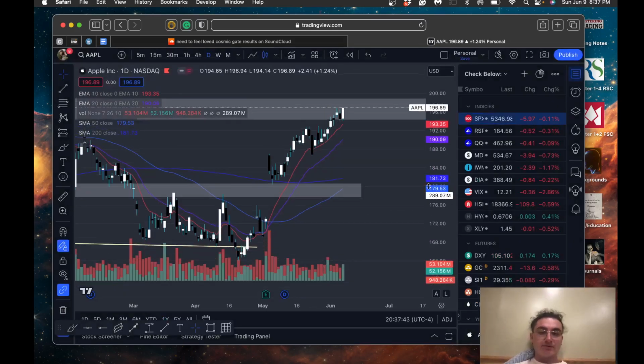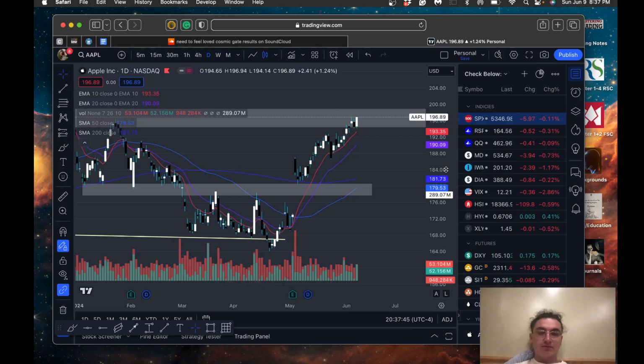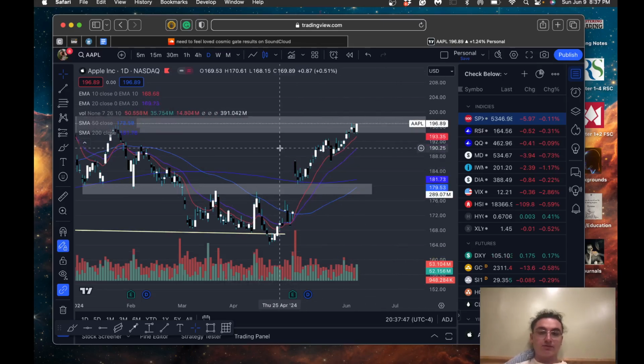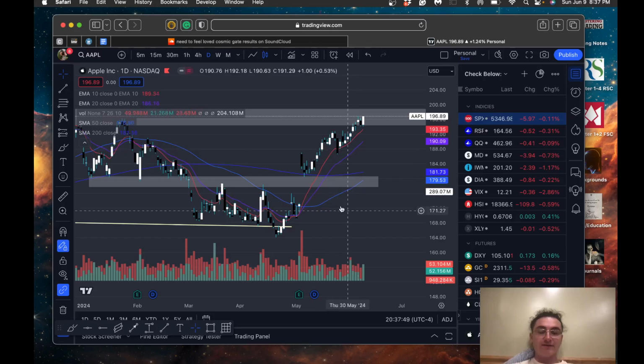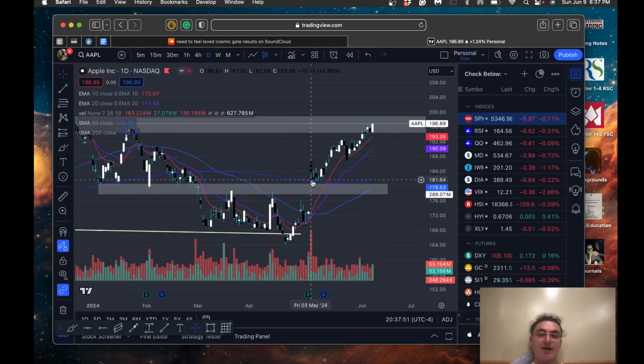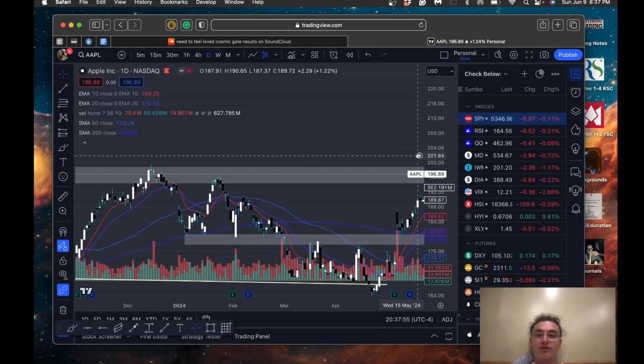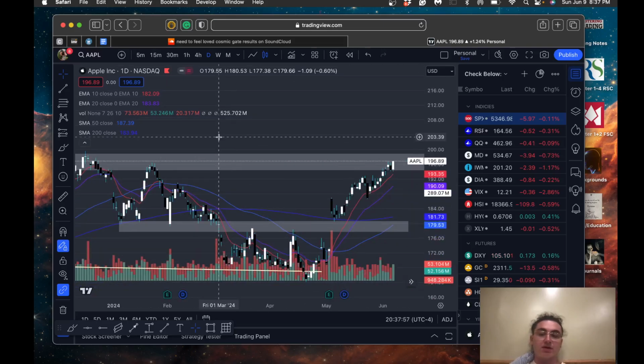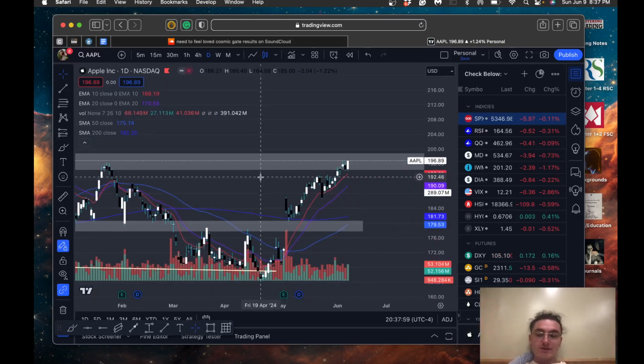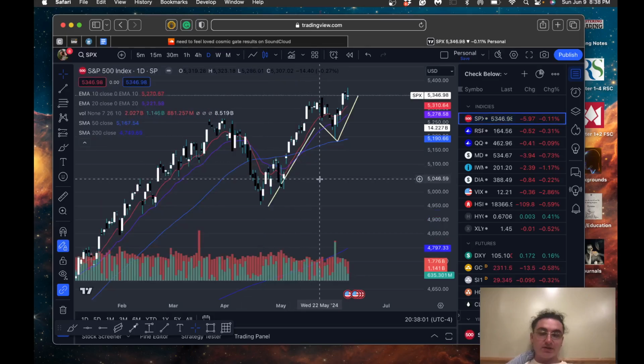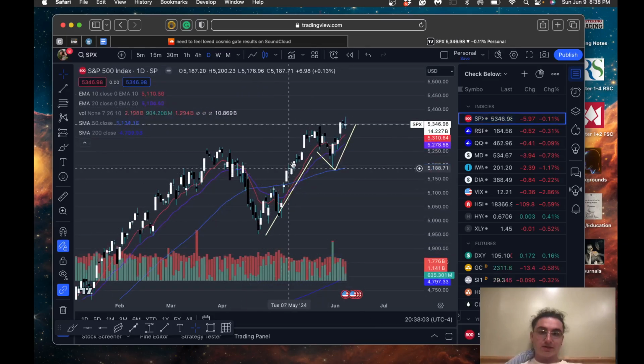Now how is Apple looking? Apple has been really trending higher. It never touched that 50-day. It created a higher high, higher low. Yes, it's almost breaking out to all-time highs, which is a little bit behind the S&P.